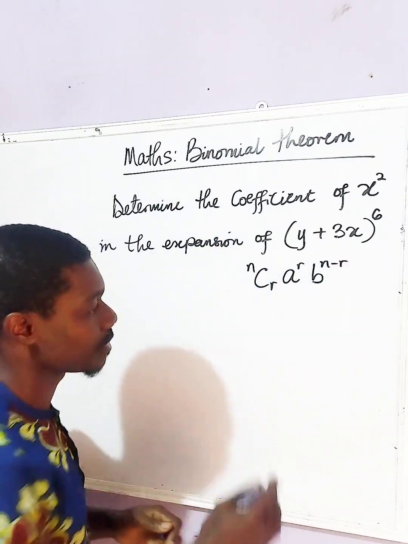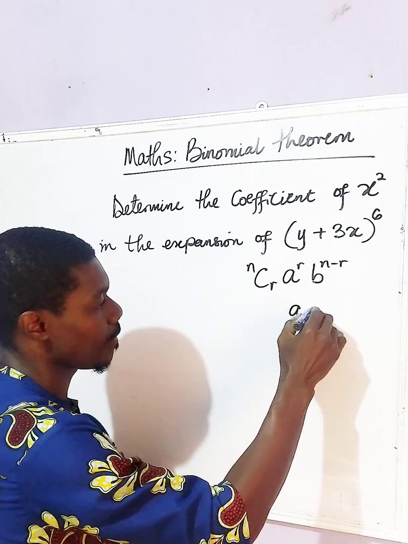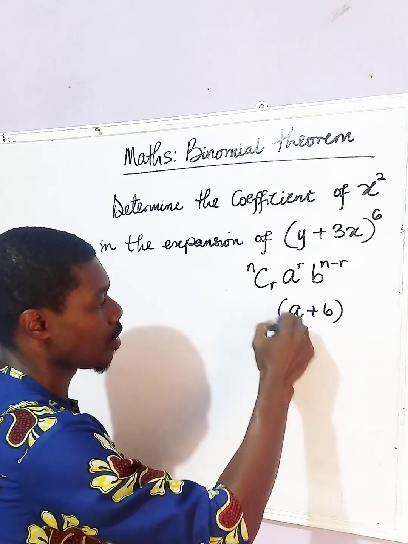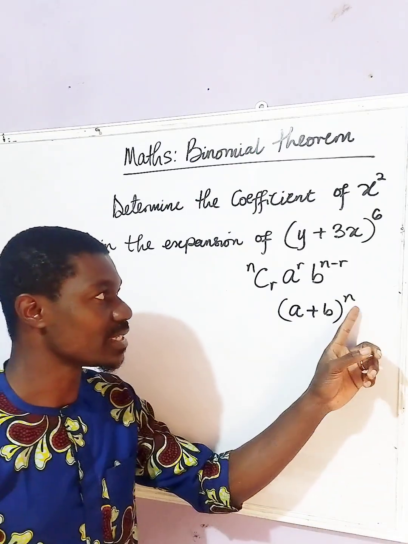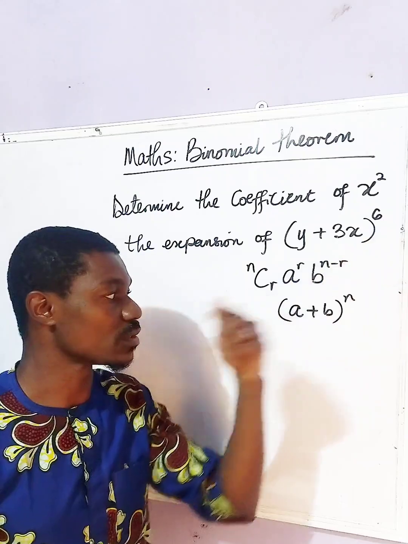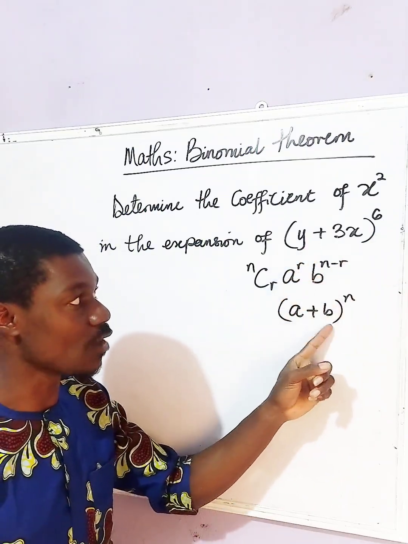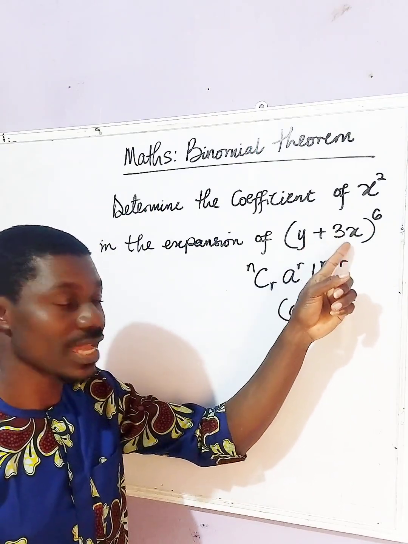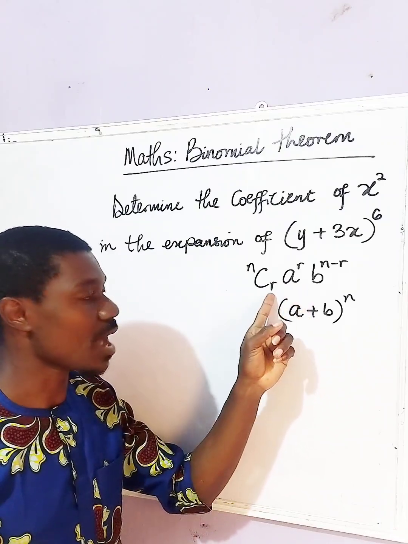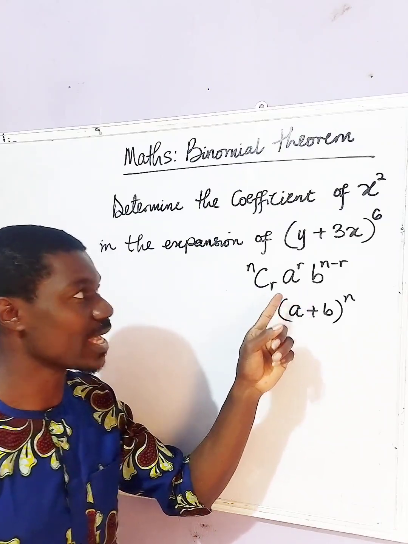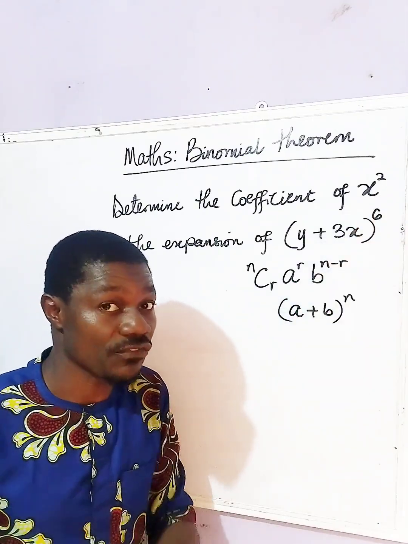This is in a case whereby the expression is (a + b) all raised to the power of n, where our n is the degree of the expression. Our y could be either of these, and our 3x also could be either of these depending on our r, and our r is the degree of the term we're actually looking for.